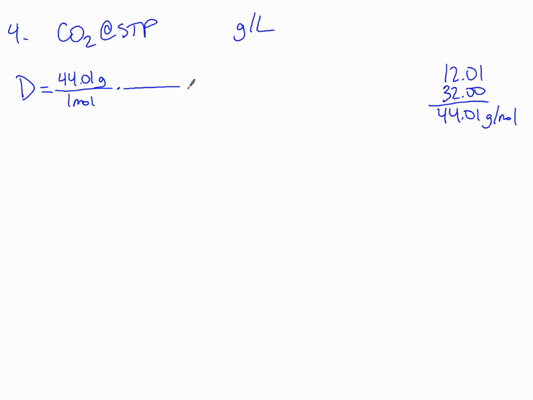And then the second one we said was 1 mole per 22.4 liters, which is essentially the same as saying 44.01 divided by 22.4. Moles will cancel and we get approximately 1.96 grams per liter.